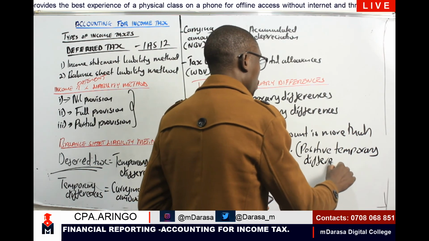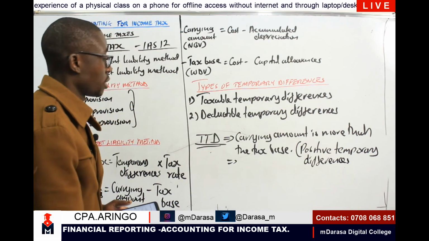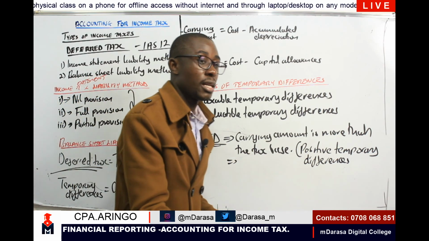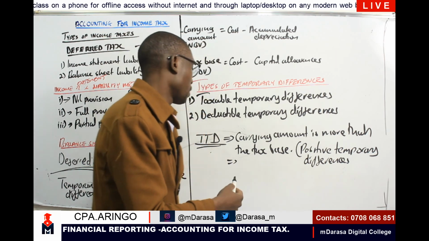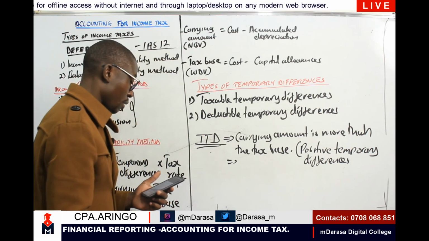You'll see why you'll be terming it as positive temporary differences. You're saying that this is where our carrying amount is more than the tax base. That is when we'll be having our taxable temporary difference.